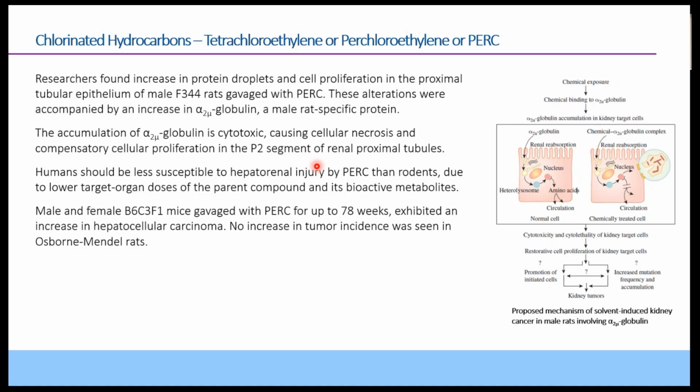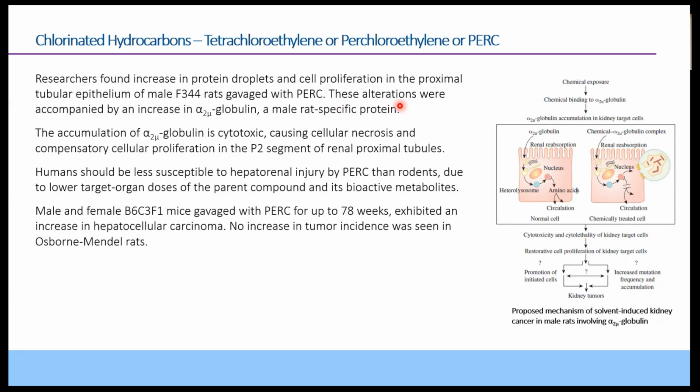Coming to this example, which many of the people know or have come across, that is tetrachloroethylene or perchloroethylene, also called PERC. So researchers found an increase in protein droplets and cell proliferation in the proximal tubular epithelium of male F344 rats gavaged with PERC.